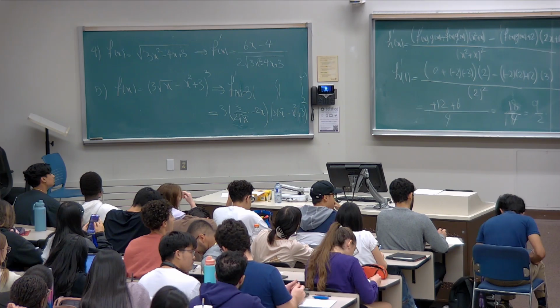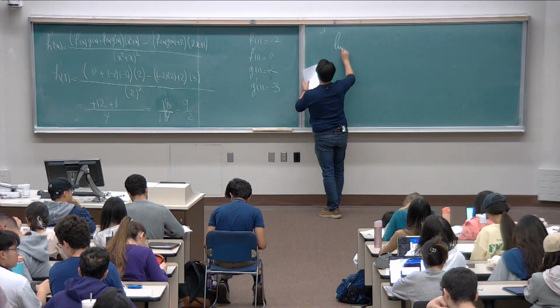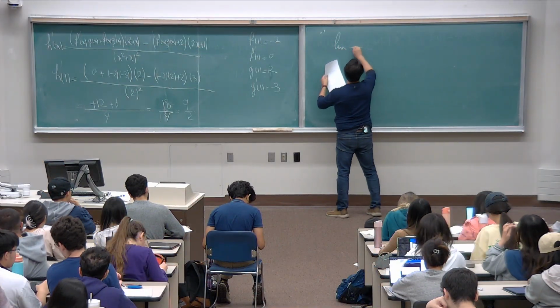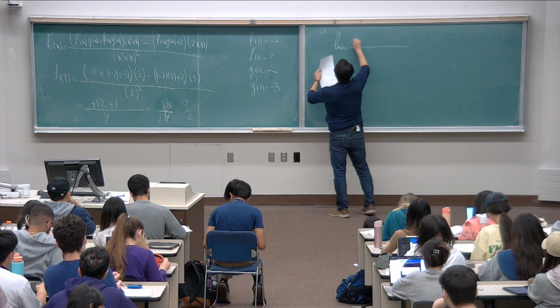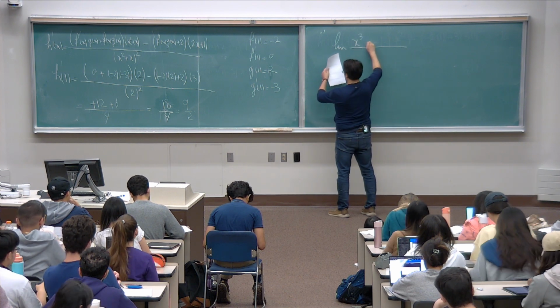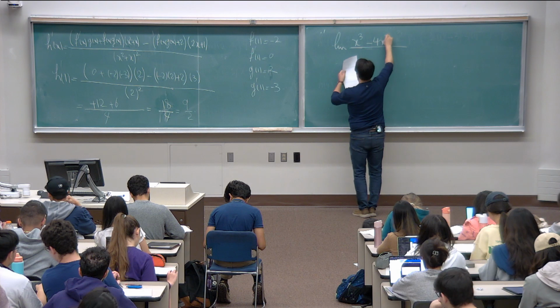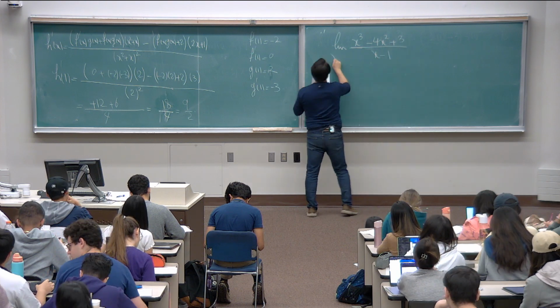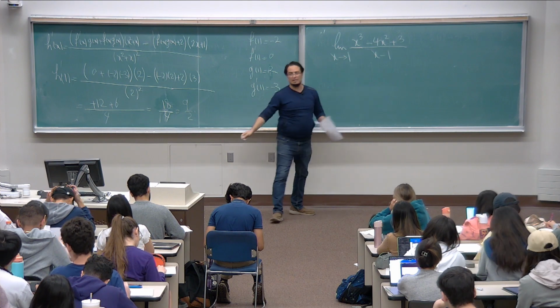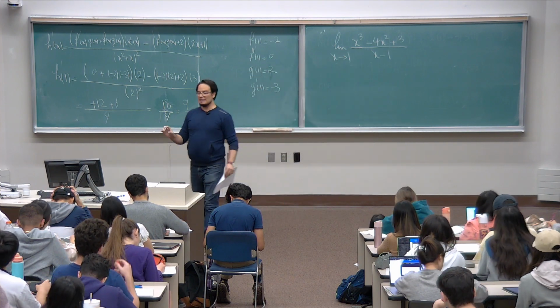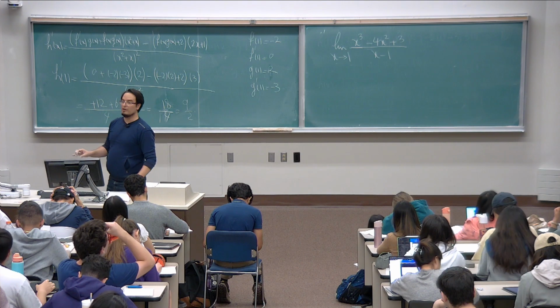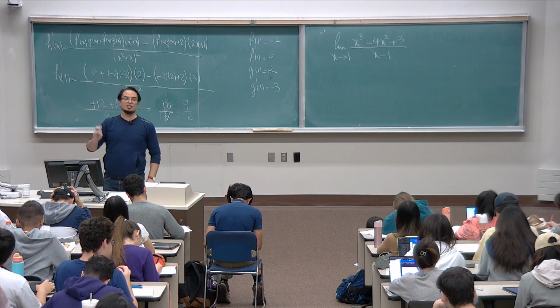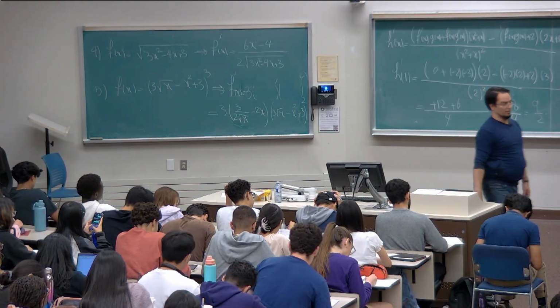Well, this easy example is the first one. Let me write this. So limit of x cubed minus 4x squared plus 3x minus 1. I want to see this as the limit that defines the derivative of a function at a point.